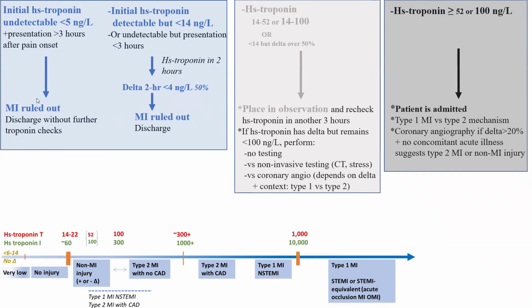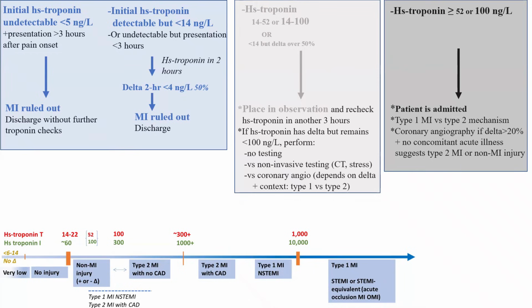So if you have undetectable troponin, it's not just negative, it's undetectable, or detectable but very low delta at 2 hours, this patient can be discharged safely home with a very low risk of type 1 MI or death at 30 days.